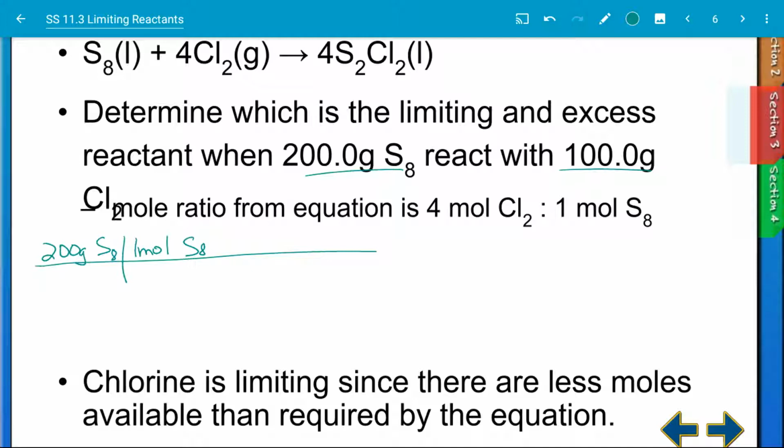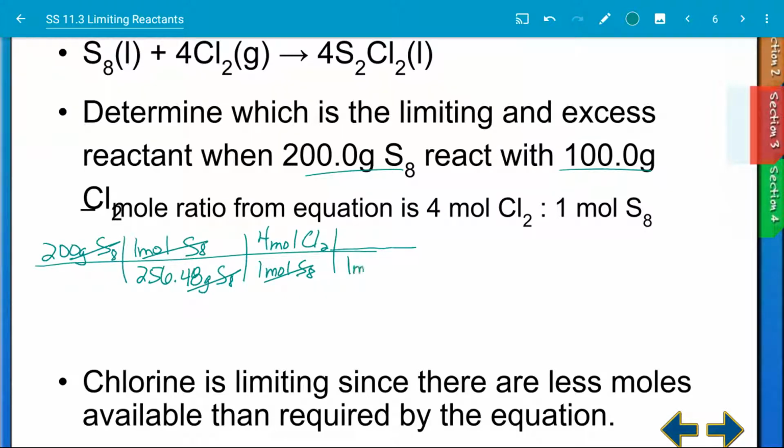So that's 256.48 grams of S8. Now my grams of S8 cancel out, and I'm in moles of S8. For every 1 mole of S8, I will need 4 moles of chlorine gas to react with it. So my moles of S8 cancel out, and now I'm in moles of chlorine gas.